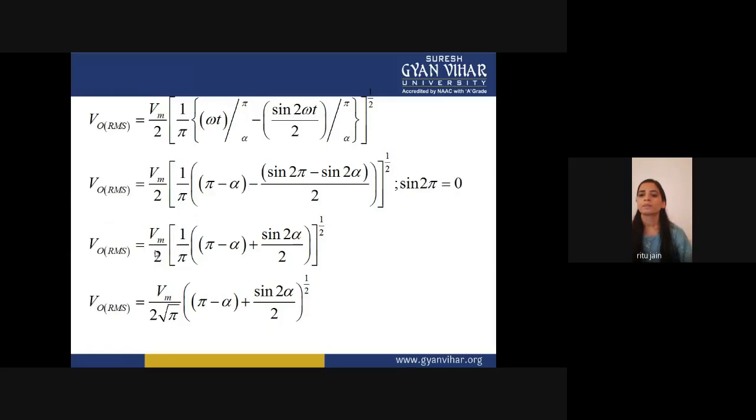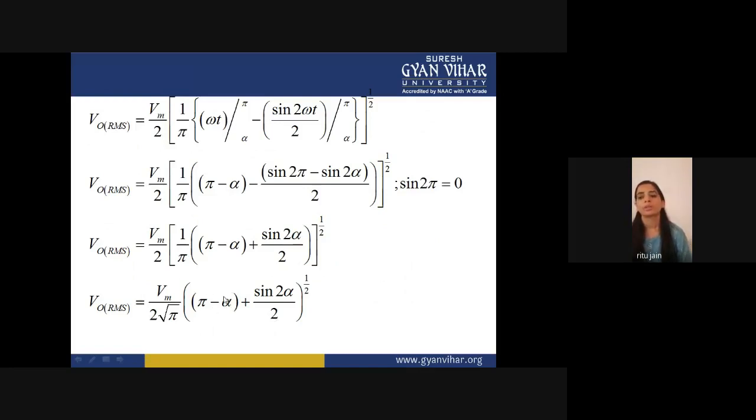So this is the final equation of your output voltage of your single phase half wave control rectifier, where you can put different values of alpha.